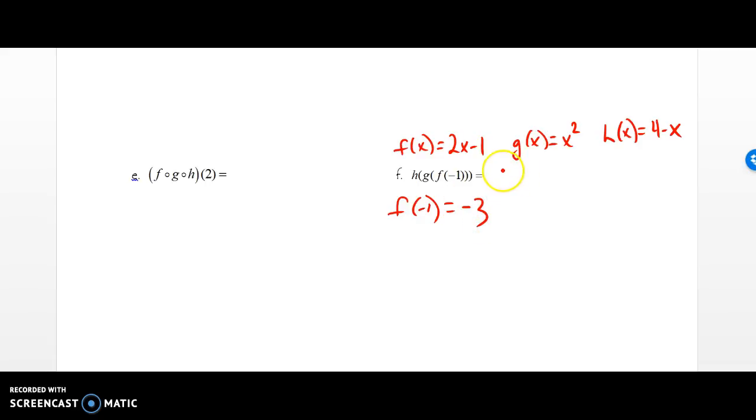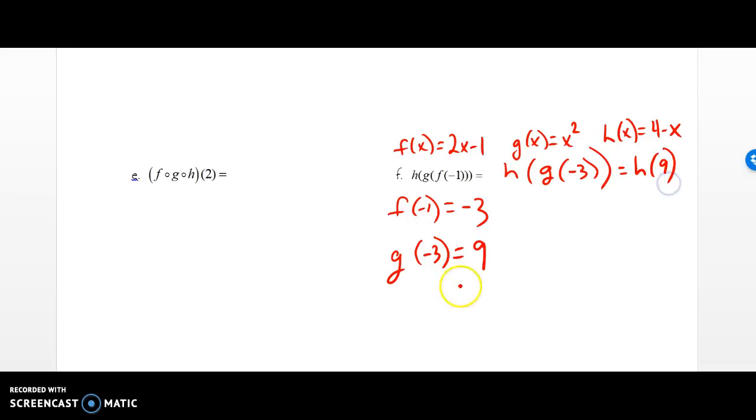So now this turns into h of g evaluated at negative 3. So now we're going to find g of negative 3. Well, g of x says you square whatever x is, so negative 3 squared is 9. So now this turns into h evaluated at 9.